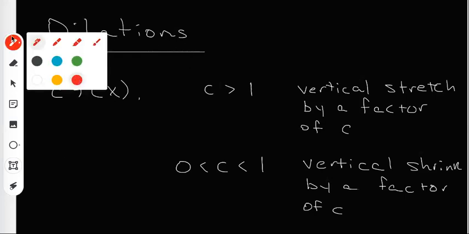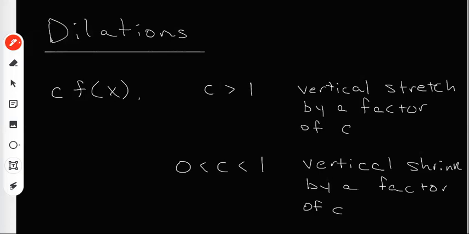Another thing I want to say is we've been talking about vertical stretching and vertical shrinking, but we can also talk about horizontal stretching and horizontal shrinking. So what I want to start off by saying is a vertical stretch is if you have a number that's greater than 1 and you're multiplying on the outside.